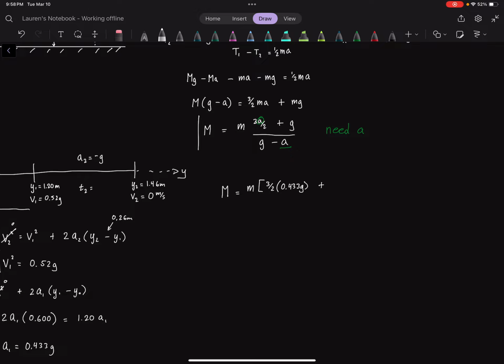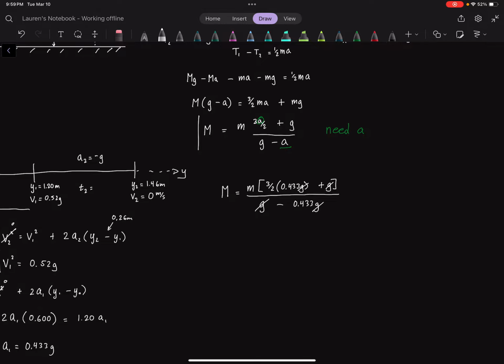Then we have plus G, a lot of G's showing up, divided by G minus 0.433 G. Awful lot of G's here, so all the G's go away. We can pull a G out of the top and the bottom.